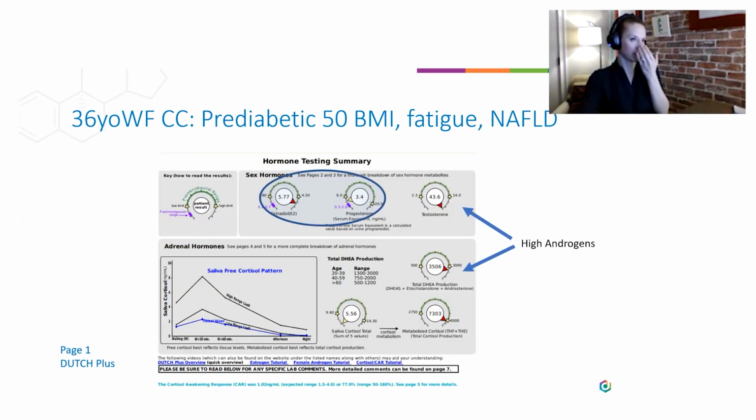We have a couple findings here right off the bat on page 1 of the Dutch Plus. We can see a couple things. The first thing that I see immediately is an estrogen dominance situation. And I always think about patient symptoms when I'm looking at estrogen levels. And she's got the low estrogen symptoms, the hot flashes and night sweats, yet her estradiol is very high.